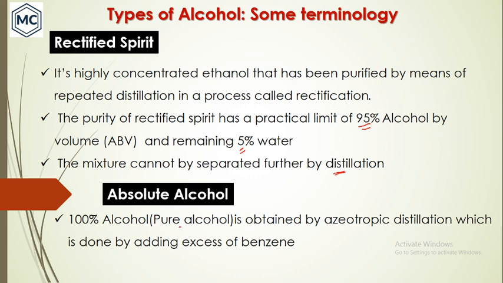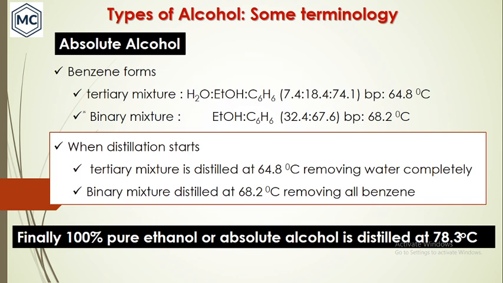Next one, absolute alcohol. What is meant by absolute alcohol? 100% pure alcohol is obtained by a special method called azeotropic distillation, which is done by adding excess benzene. You get absolute alcohol. And what is the role of benzene?